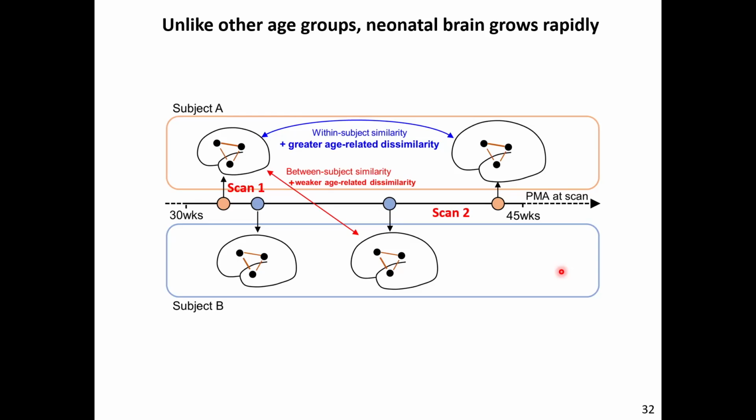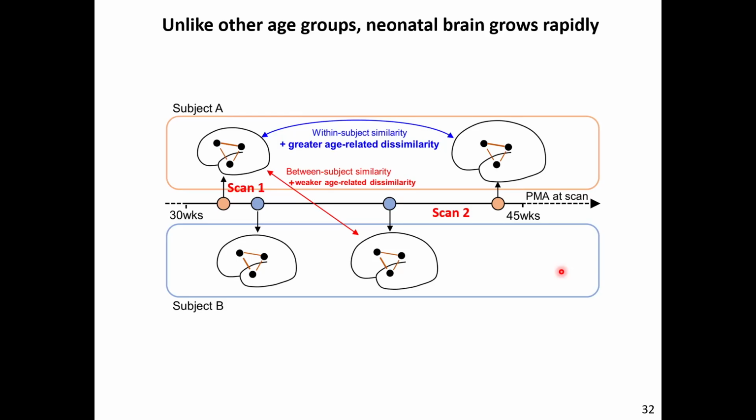As I mentioned before, how we do this task is you get one session of fMRI data, and 2 or 3 weeks later, you acquire the fMRI data again. And then you assume their brain patterns are always the same. Probably that's the case for most age groups, but not for newborns, because in just 3 weeks their brain is growing very rapidly.